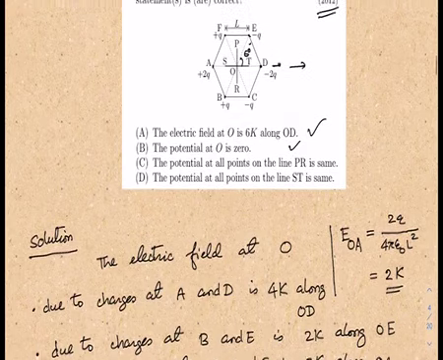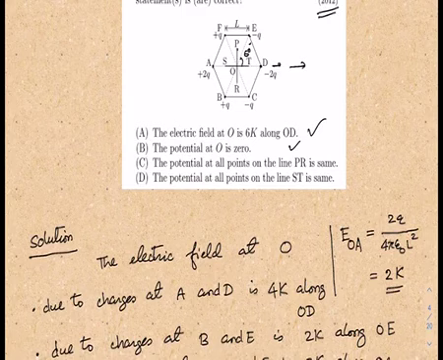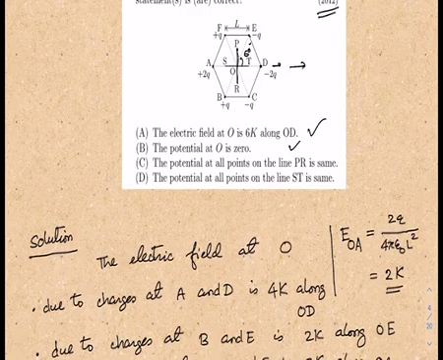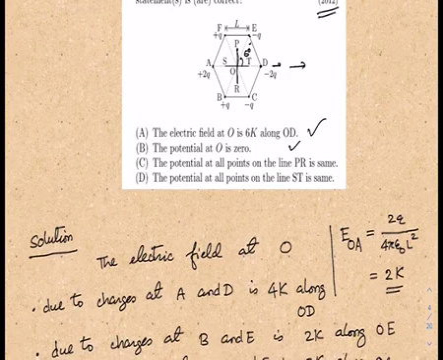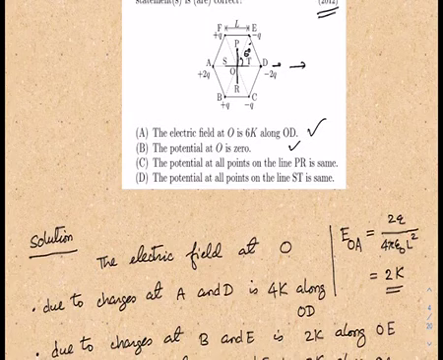Now the option C, the potential at all points on the line PR is the same. If you look at this line PR, for any point on PR, we have pairs of equal and opposite charges lying on both sides. So in fact this line is acting like a perpendicular bisector of the dipoles.